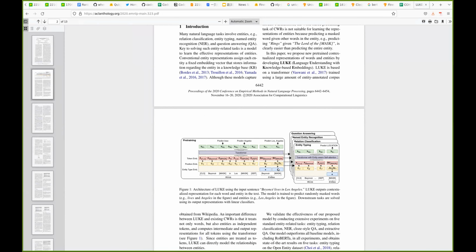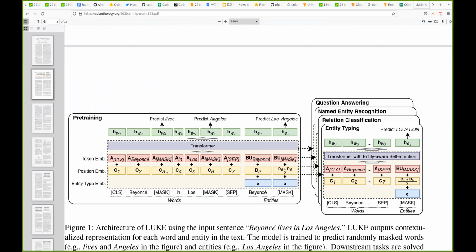You can see you can use BERT to do a lot of cool things. For example, this author uses it to do NER. You can see it uses the masked language model. It has a sentence, say somebody lives in Los Angeles, and it randomly masks out some words. Then it concatenates the original regular BERT input with the named entities, and it trains the neural network to predict that in this mask location the word should be lives, and in this mask location the word should be Los Angeles.